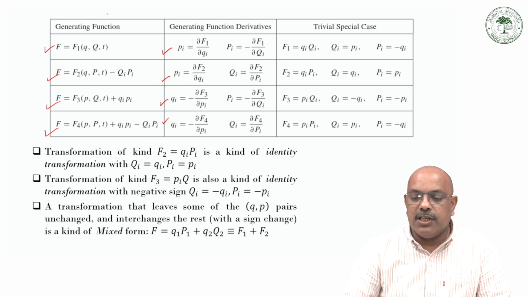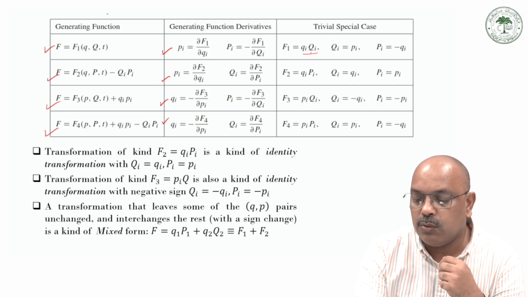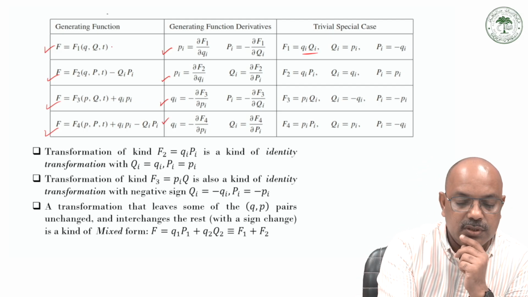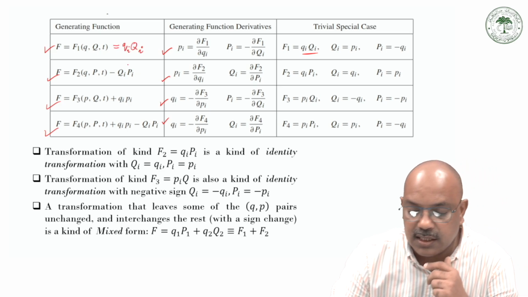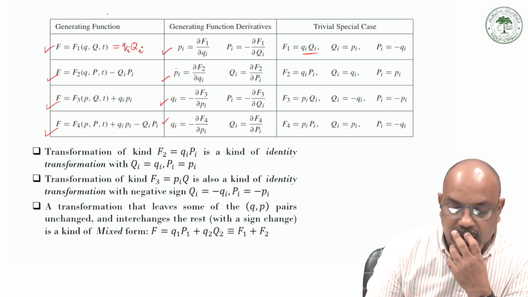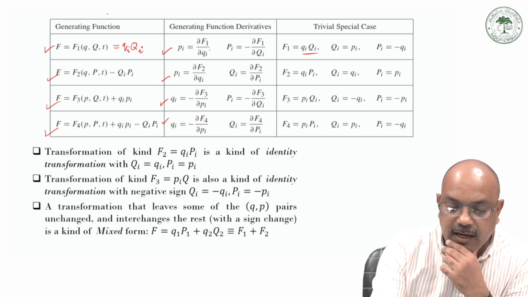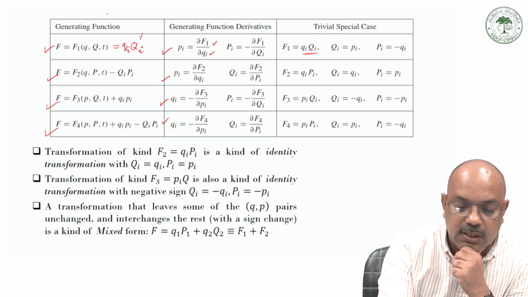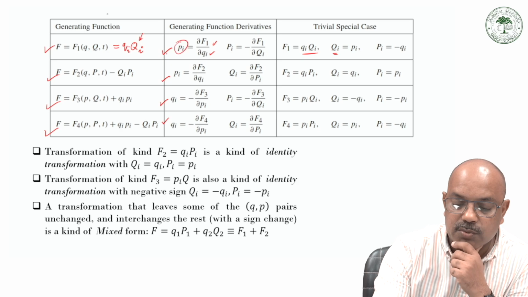Some trivial special cases you can see here: if my f1 generating function is qi, corresponding to this generating function, I can write from here that if I take f1 with respect to a small qi, this is going to be capital Qi, which is equal to a small pi.